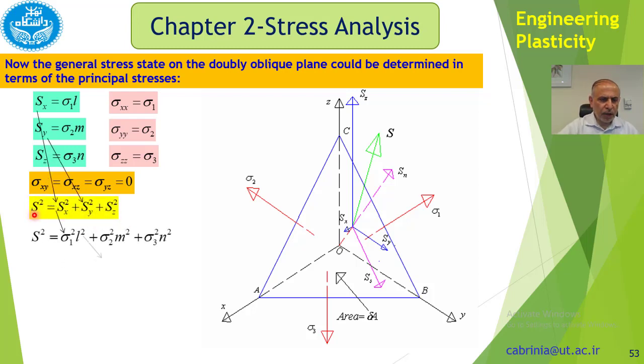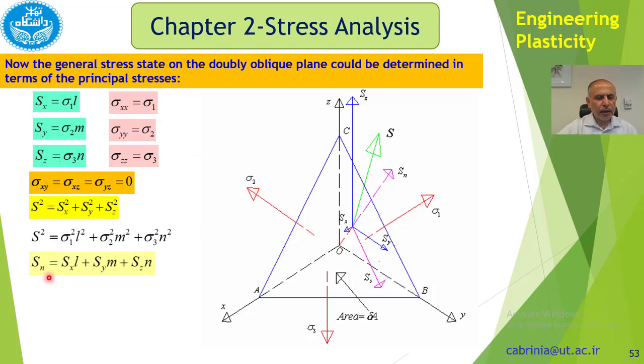We had this relation before, S squared equal to Sx squared plus Sy squared plus Sz squared. Now we substitute for Sx, Sy, and Sz, so we get this relationship. S squared is sigma 1 squared L squared plus sigma 2 squared M squared plus sigma 3 squared N squared.